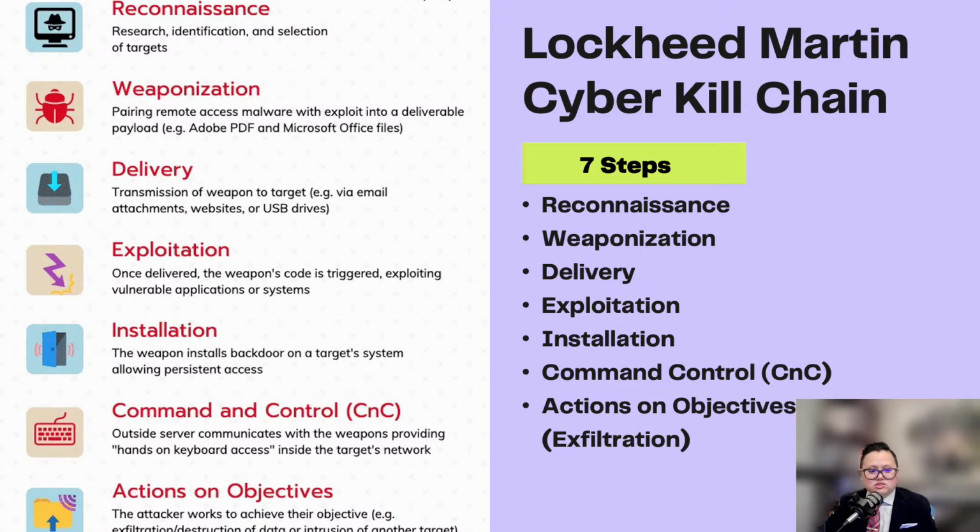And then we get to the fifth step, which is installation. This weapon, which is a deliverable payload, installs a backdoor on a target system, allowing persistent access. And then the sixth step, which must be completed successfully in order to accomplish the goal, is command and control, or C2. And this is when the outside server communicates with the weapons, providing hands-on keyboard access inside the target's network. And last but not least, we have the final results.